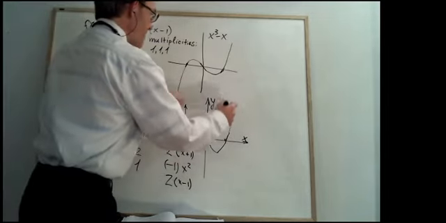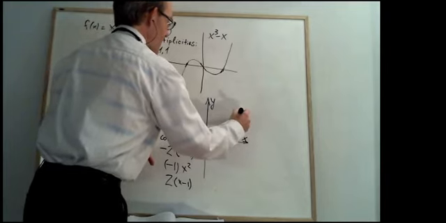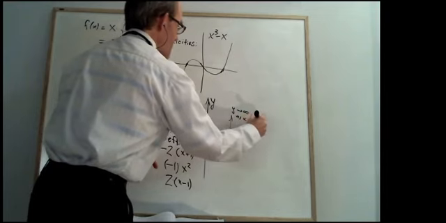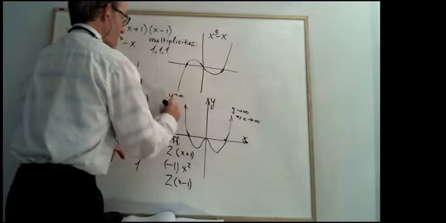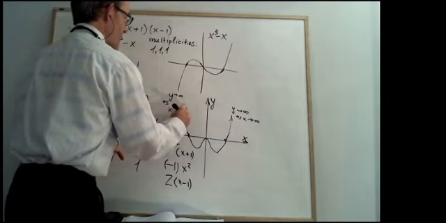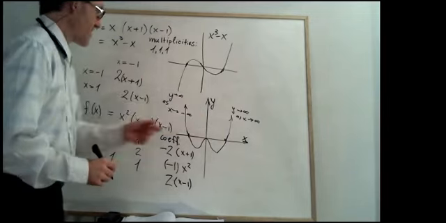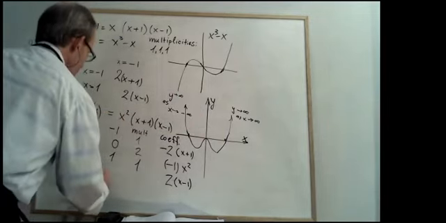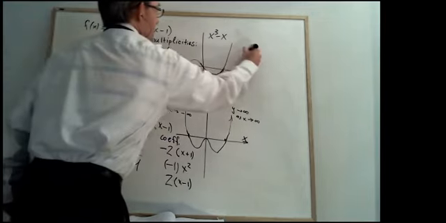So x to the 4th goes to infinity, or y goes to infinity as x goes to plus infinity, and y goes to infinity as x goes to minus infinity as well. So as you could guess, it's going to be a symmetric function, so it's an even function. This, by the way, is an odd function.